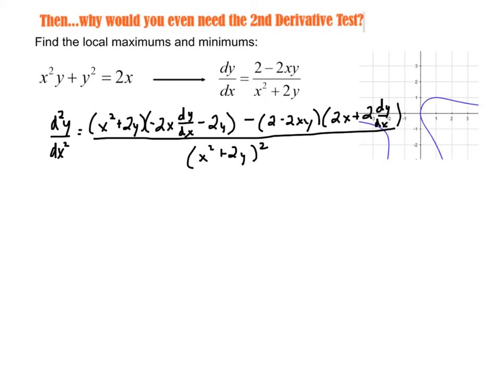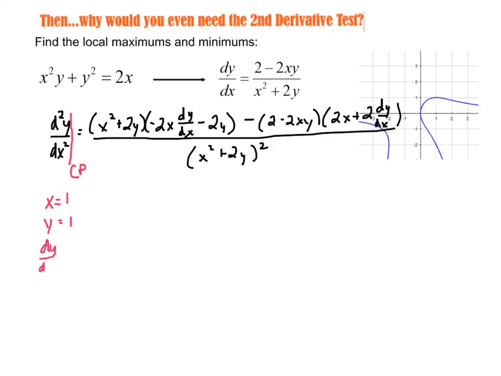Now, at this point, we want to evaluate at the critical point. Okay, I'm going to put a little line here like this. That means evaluate at the critical point. Well, remember, we know that x was 1. We know that y is 1. And the one other thing you see here is dy dx. That appears a couple of times. Well, remember, we designed this so that the derivative was 0.